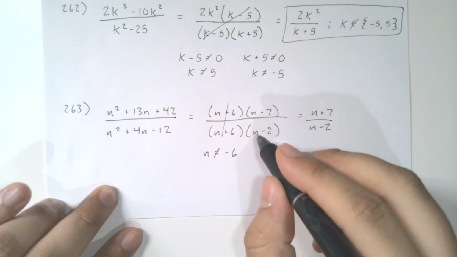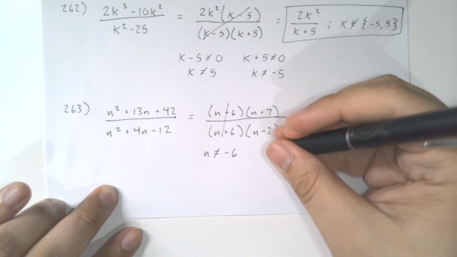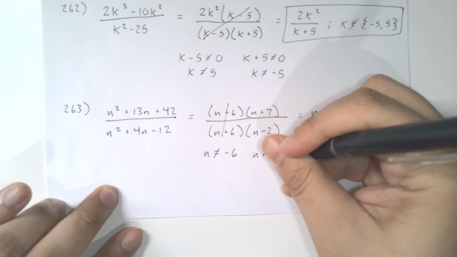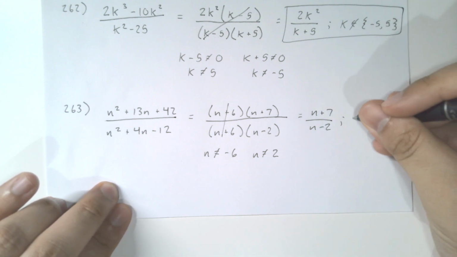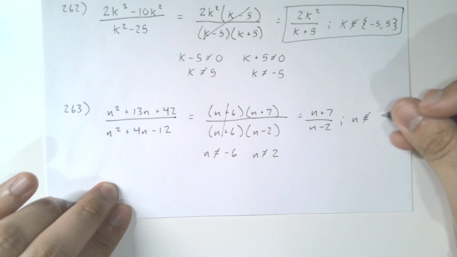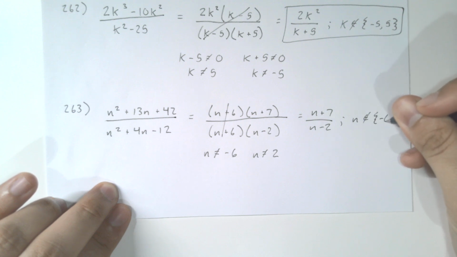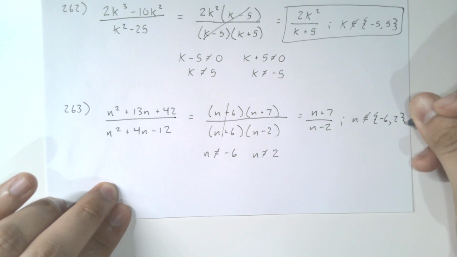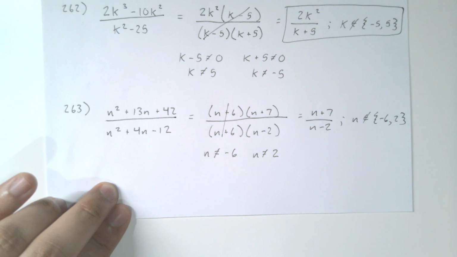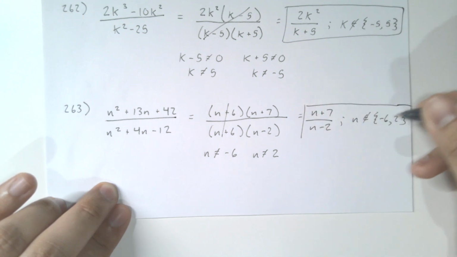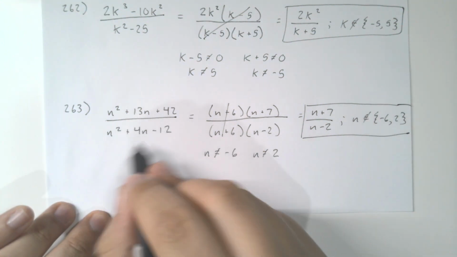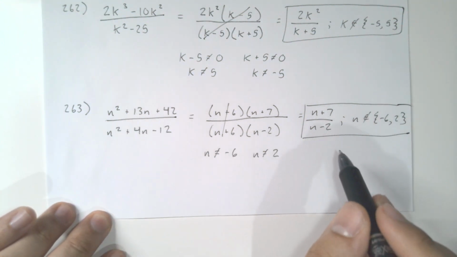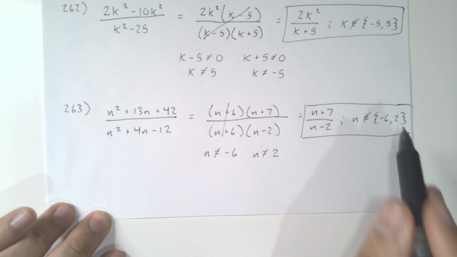And over here, n minus 2, n can't be equal to positive 2. And so our excluded values, n can't be an element of negative 6, comma 2. And so these are our excluded values, and all of this is equal to that, provided that n can't be equal to negative 6 or 2.